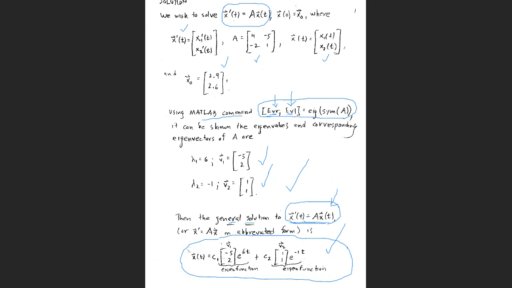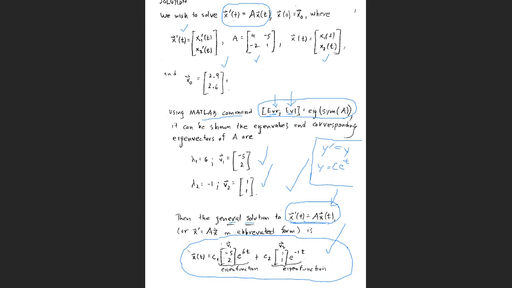It's just like when you took calculus 2, you would find general solutions to differential equations. For instance, a simple example: if you had y prime equals y, I'm thinking math 182 now, then a general solution is y equals some constant times e to the t.